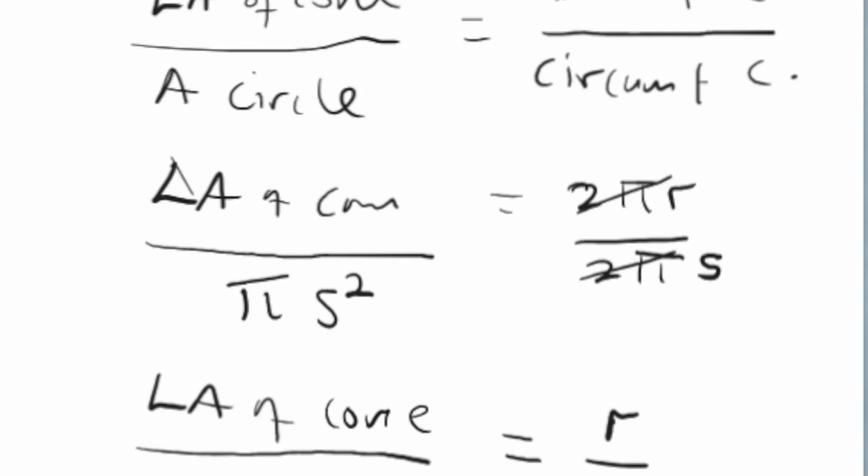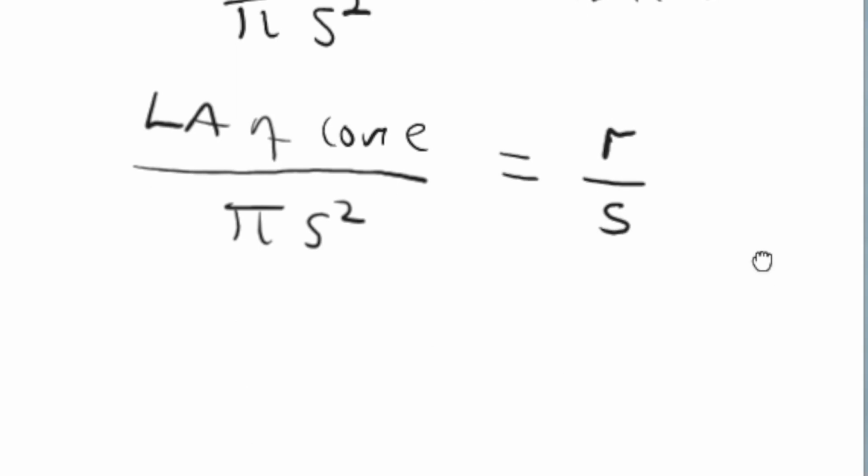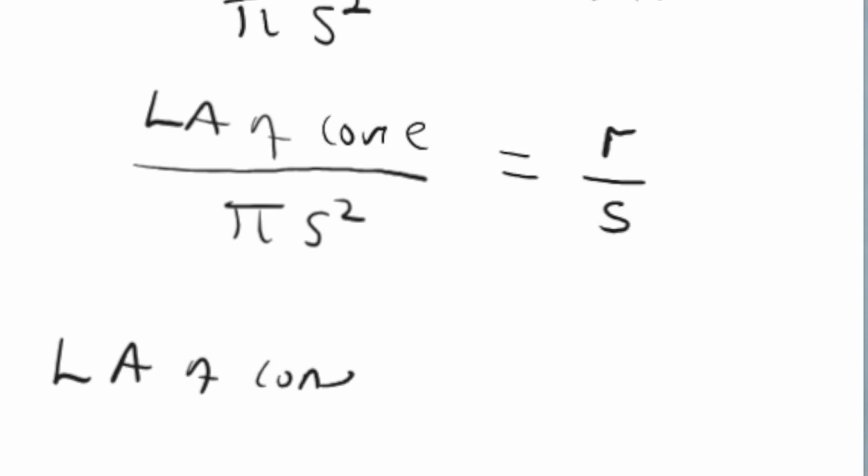So now with our algebraic knowledge, we can say lateral area of cone is equal to r over s times pi s squared.